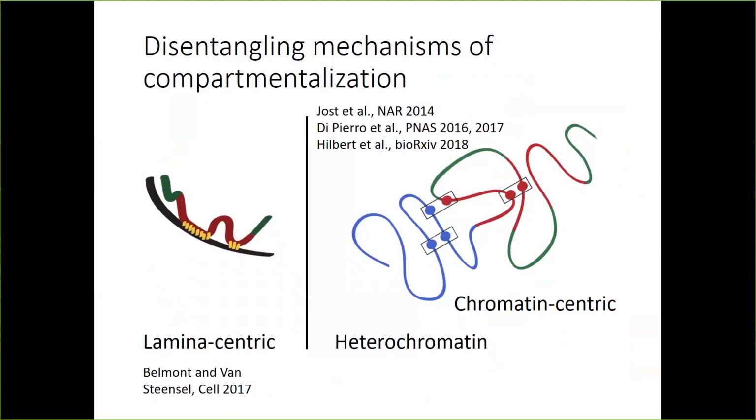Within that broad framework, there are also perspectives that specifically single out euchromatin or heterochromatin as being the driving force of this separation between active and inactive chromatin. So the activity-related clustering of euchromatin has been talked about in a couple of papers. This is definitely not exhaustive.